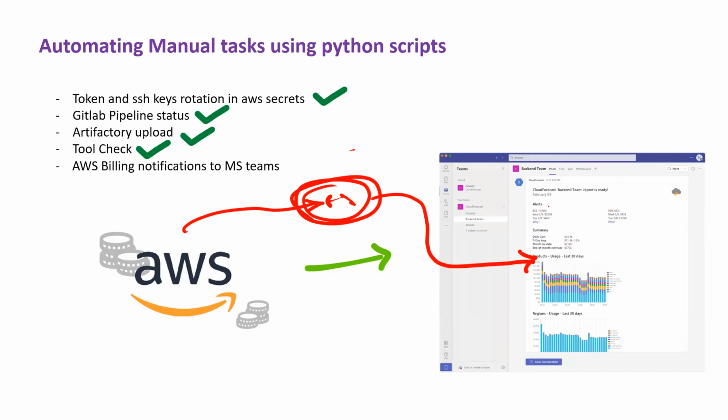So that the entire team can look at these statistics and the cost, and if they want to take some actions on that, they take them to reduce the cost. So this is also one of the Python scripts I've worked on.